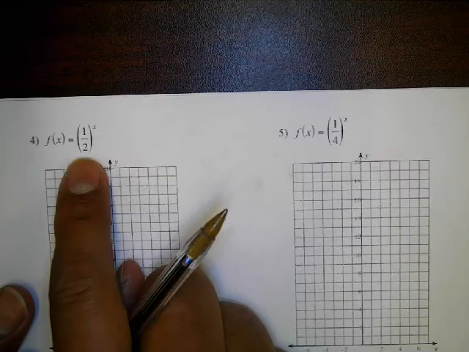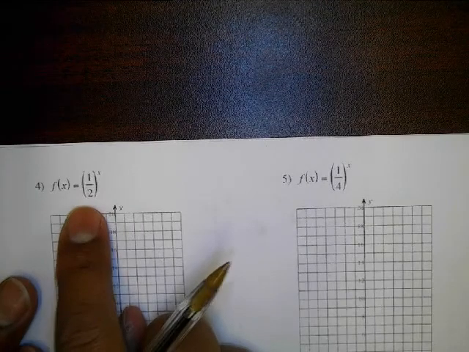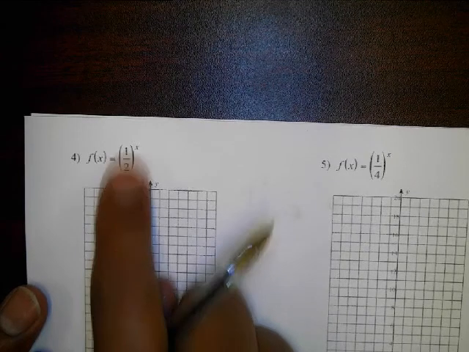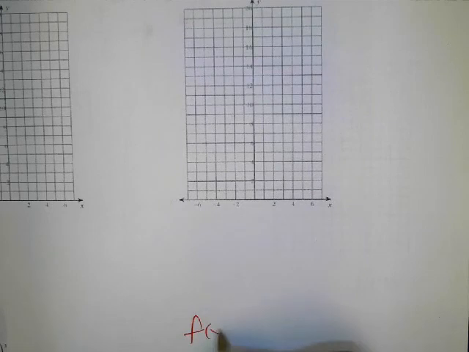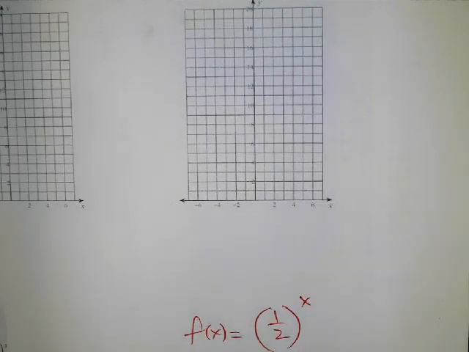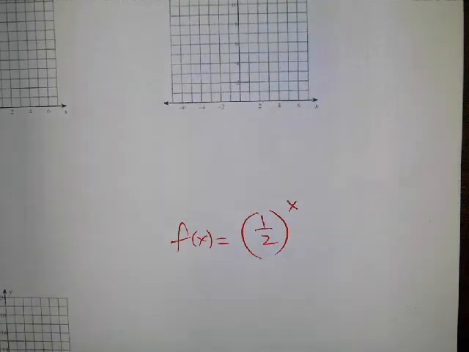Now for the ones in the back, we don't want fractions. But remember what I was telling you earlier? I want just a base and an exponent. So for number 4, f of x is equal to 1/2 to the power of x, you're going to change that 1/2.